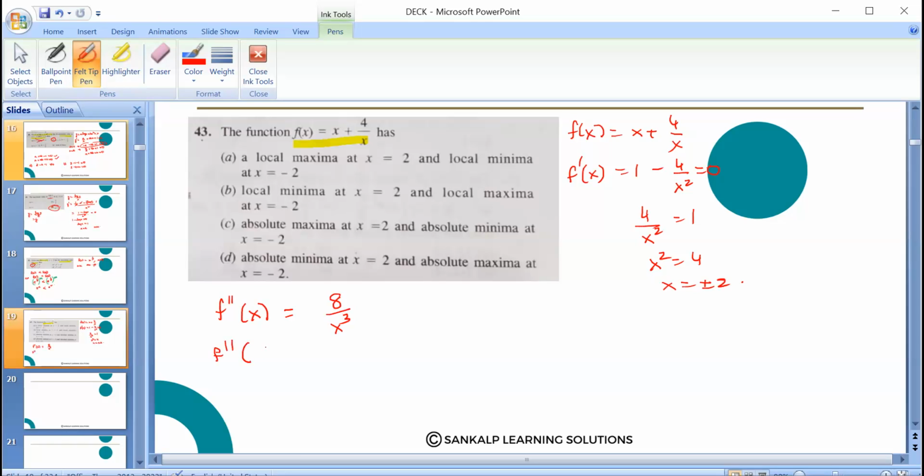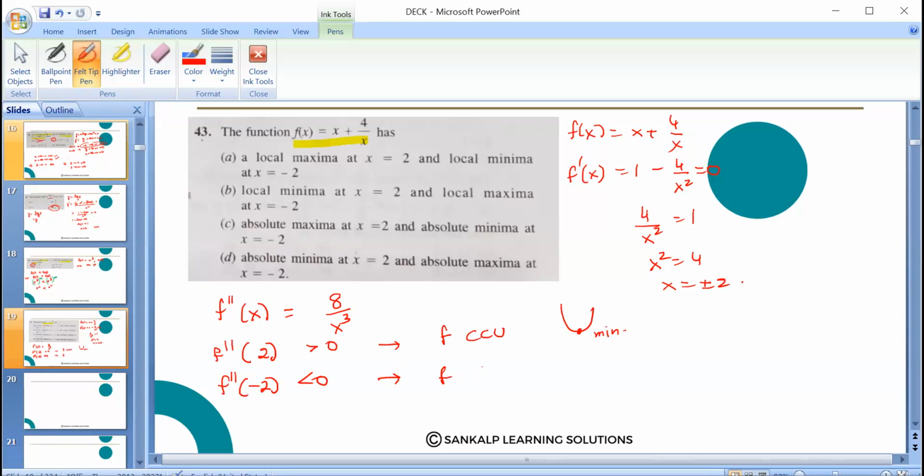In this, when you put plus 2 in the second derivative, you'll get a positive answer. When you put minus 2, you will get a negative answer. Positive answer means the function is concave up, and then the function will have a minimum.